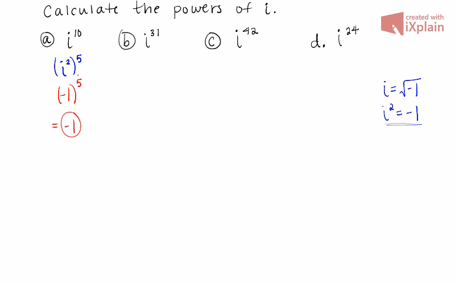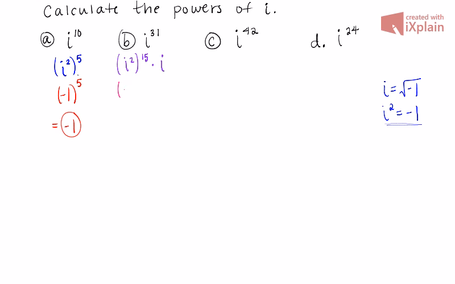For the second one, we're going to do it a similar way. How many times does i squared go into 31? I know that i squared goes into 31 15 times, plus an additional i, because i squared to the 15th power is just i to the 30th, so to get to the 31 we have to multiply by another i. We're going to utilize the same fact that i squared is equivalent to -1.